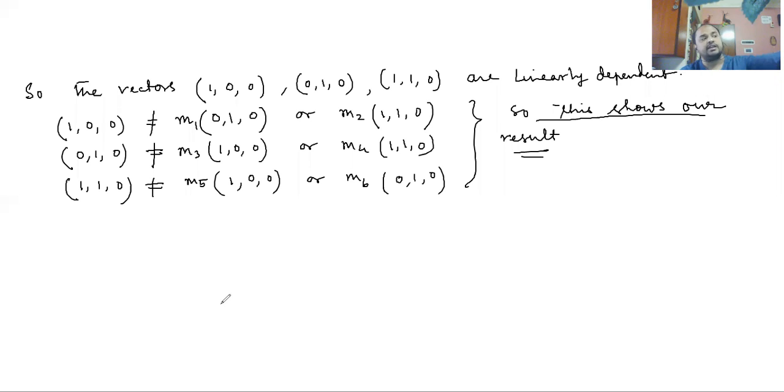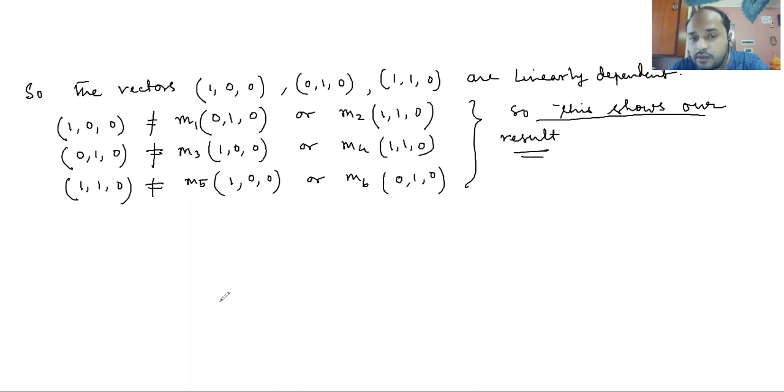One vector is dependent upon the other vectors, but by linear dependence we mean that one vector can be expressed as a linear combination of other vectors, but I cannot say that one vector is a multiple of any other vector individually.